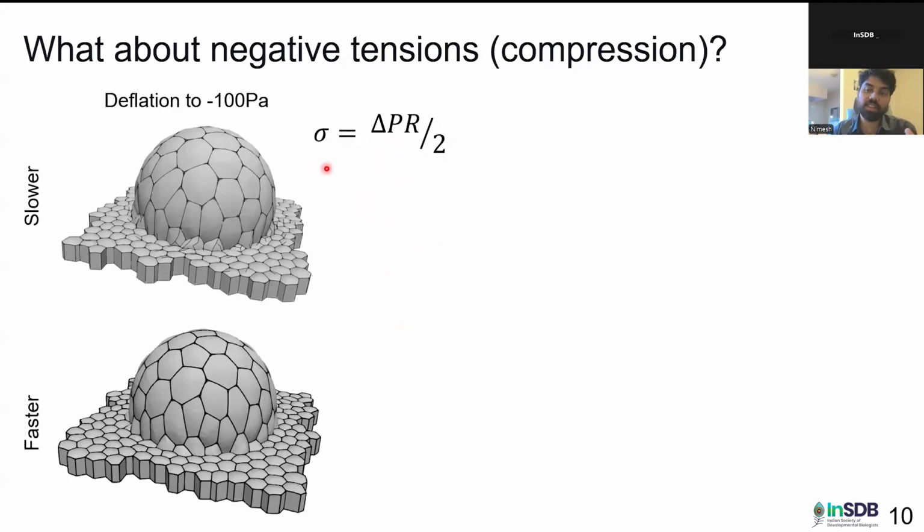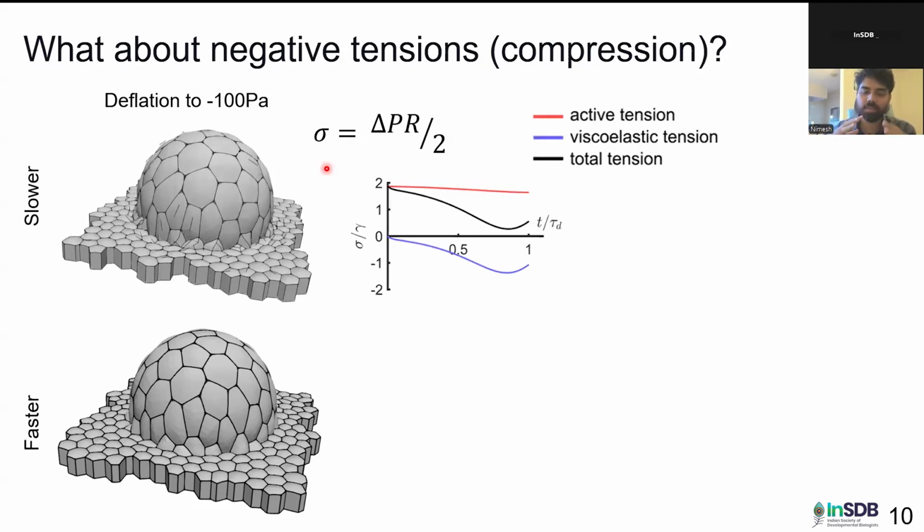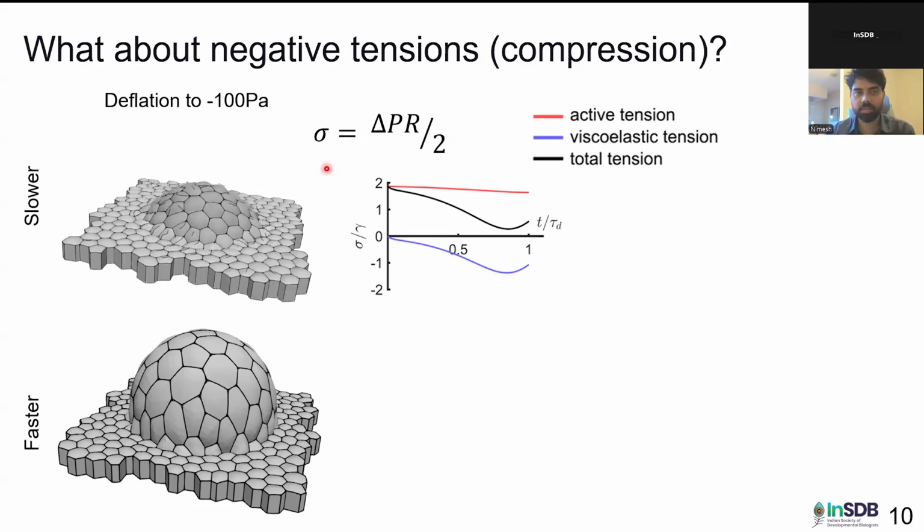the shells, which are in steady state, to minus 100 Pascal. But we did it two ways, one slower and one faster than the viscoelastic timescale. So what we saw, if we deflate a tissue slower than the viscoelastic timescale, is that the tissue deflates by maintaining spherical geometry. It always is a spherical cap and it becomes flat.